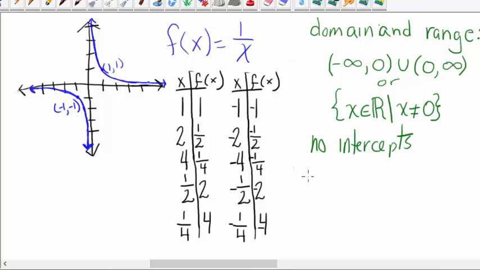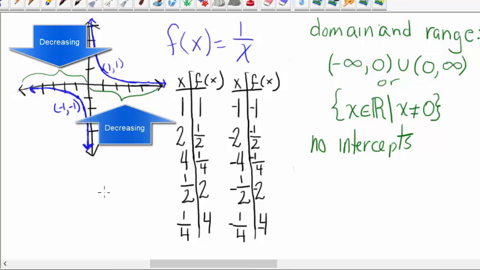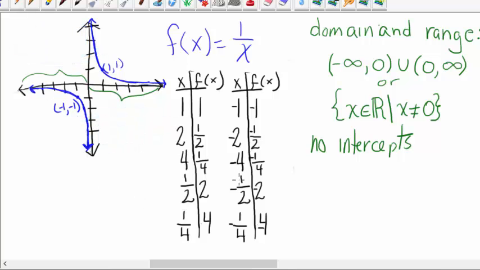There are no maximum or minimum values, relative or absolute. It is decreasing for negative values of x and for positive values of x. It's an odd function. And if you recall, what odd means is that for any value in the domain, if you plug in its opposite, you get the opposite of the function applied to the original value.